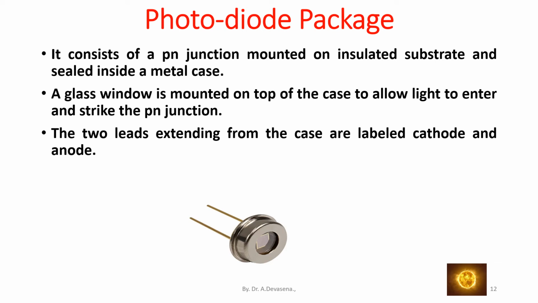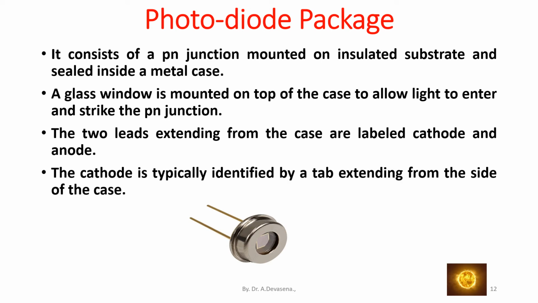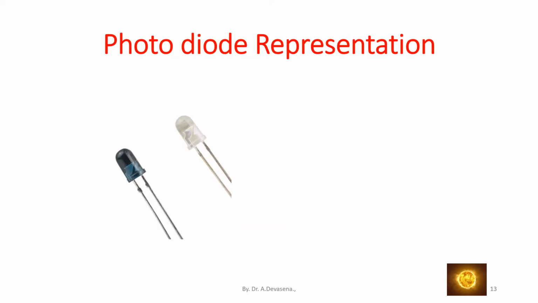The two leads extending from the case are labeled cathode and anode. The cathode is typically identified by a tab extending from the side of the case. Photodiode representation in another way is shown here.